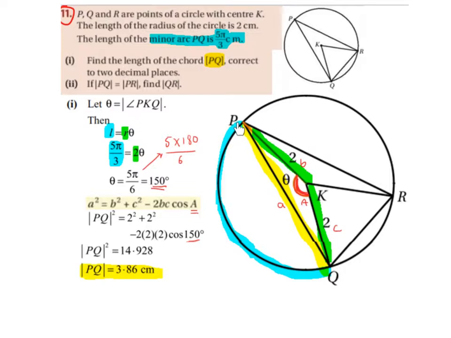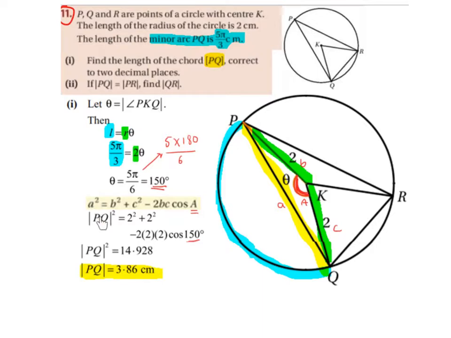Taking the triangle PQK, the angle is theta originally, but now it's going to be angle A, capital A, and across from that is going to be lowercase a. So the length PQ is lowercase a, and then the other sides of the triangle, highlighted in green, are going to be B and C. It doesn't matter which way we label them. Both of them are 2.